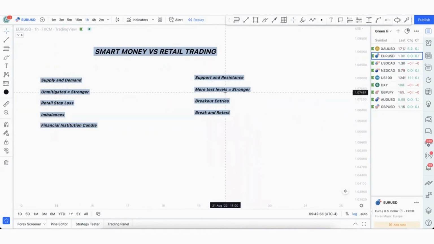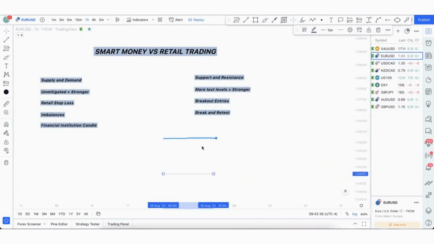In support and resistance, basically retail traders buy at support and sell at resistance level. So if this is the resistance level and this is the support level, price moves like this.